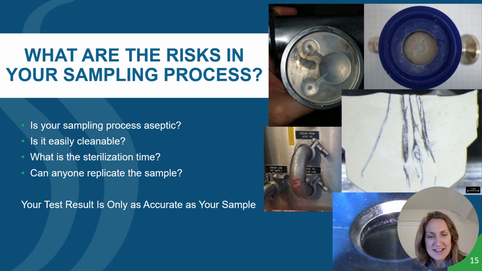If you can't, then where is there risk in that sampling process? And how do you minimize that risk? Does that require having pre-sterilized equipment, or does that require that you make sure that you have a plan in place that requires additional steps, or do you have everything already laid out for them?